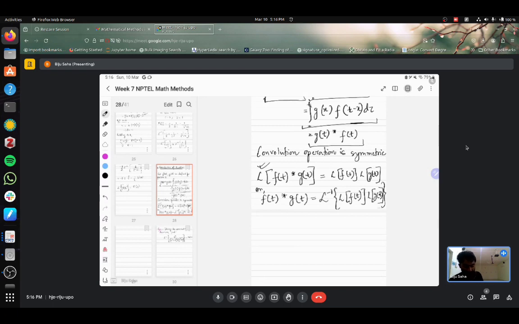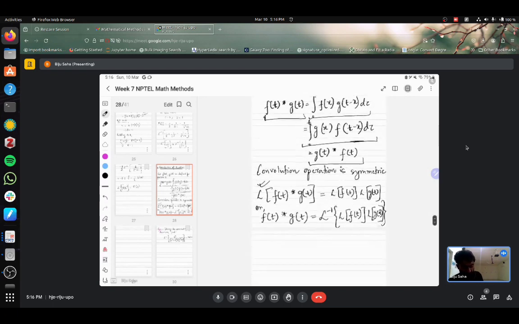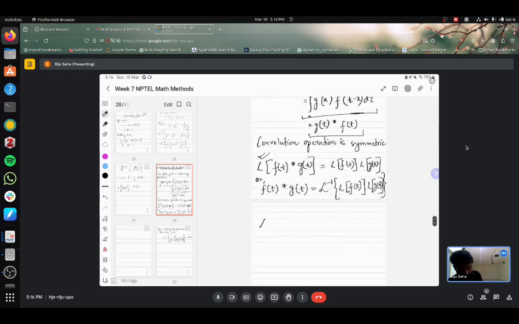For this context, the convolution where it will be important is this property that you see. This property is basically the Laplace transform of two convoluted functions, that is f(t) asterisk g(t). The Laplace transform of two convoluted functions is equal to the product of the individual Laplace transforms.